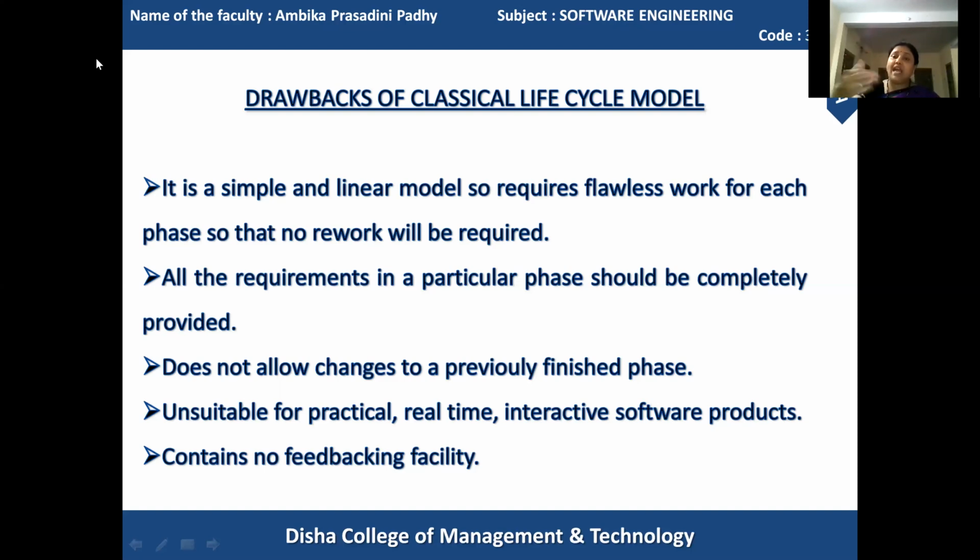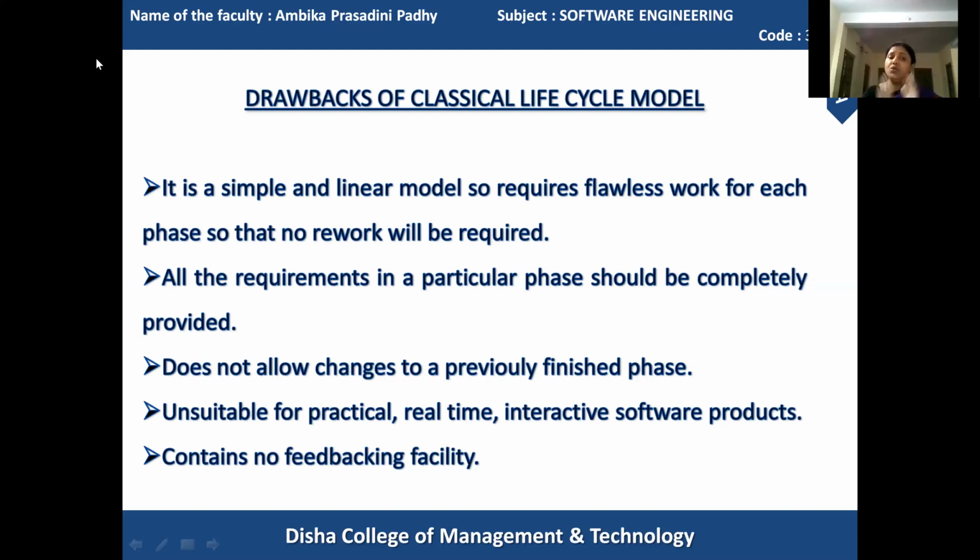When the software is being implemented over time, it may require changes, and these changes lead to many drawbacks. So for real-time implementation of software development and interactive software products, we cannot use it.